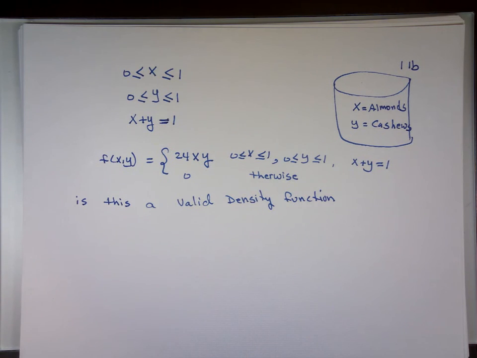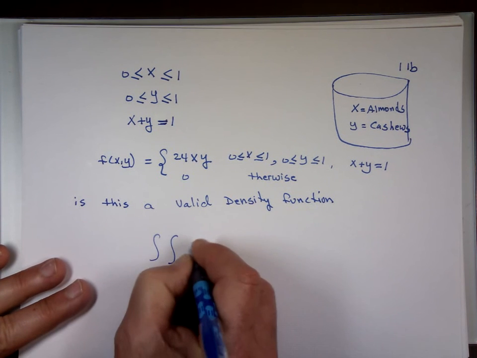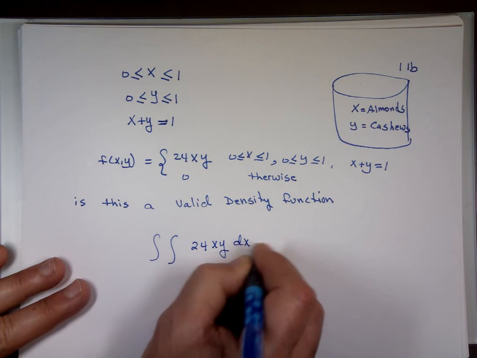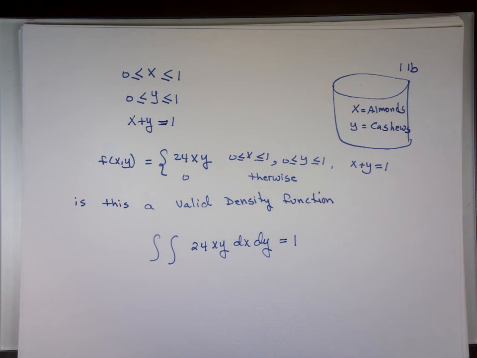Here we go, the double integral of the function has to equal 1. And now I have to know what my limits are. Do I write 0 to 1 and 0 to 1 for both of them?